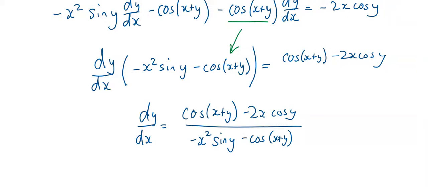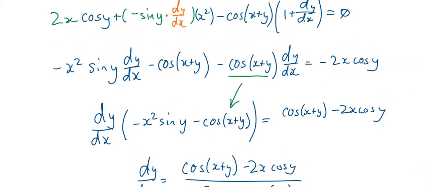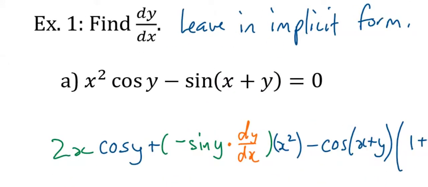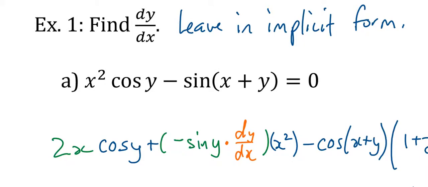That would be the alternative, leave in explicit form. We never leave it like this. We're always solving for dy by dx. Leave in implicit form means I'm allowed to have x's and y's. If it had to be explicit, I would have to solve that for y to figure out what y is, get some expression y equals, and sub that in to all the y's in the derivative below.